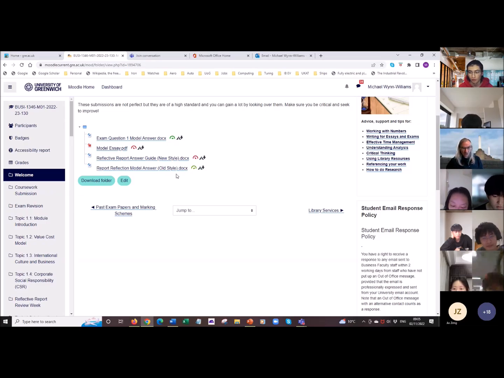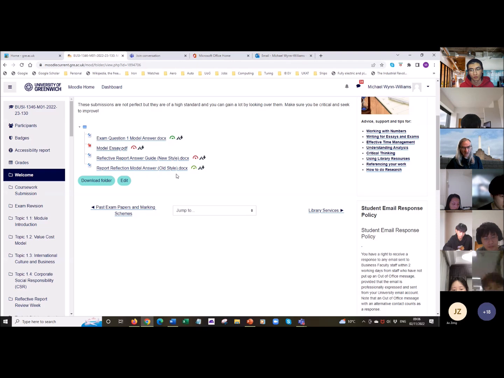What we've done is we've dropped the essay. So there's no essay to do anymore, but that has meant that the reflection report had to get much bigger. It's gone from being, I think, 1,500 words to being 3,500 words.